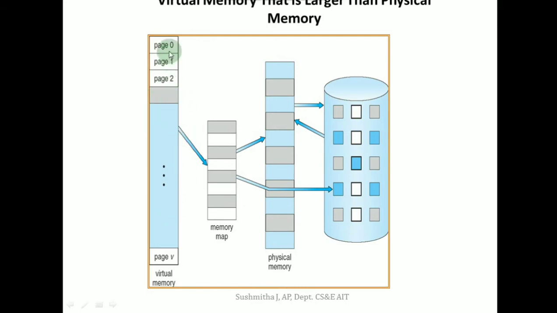If I require page 0 to page N, I am not putting all these pages into the physical memory. I am putting only the required pages into the physical memory. The other pages shall remain on the hard disk. Whenever they are required, only then will I swap them into the main memory.